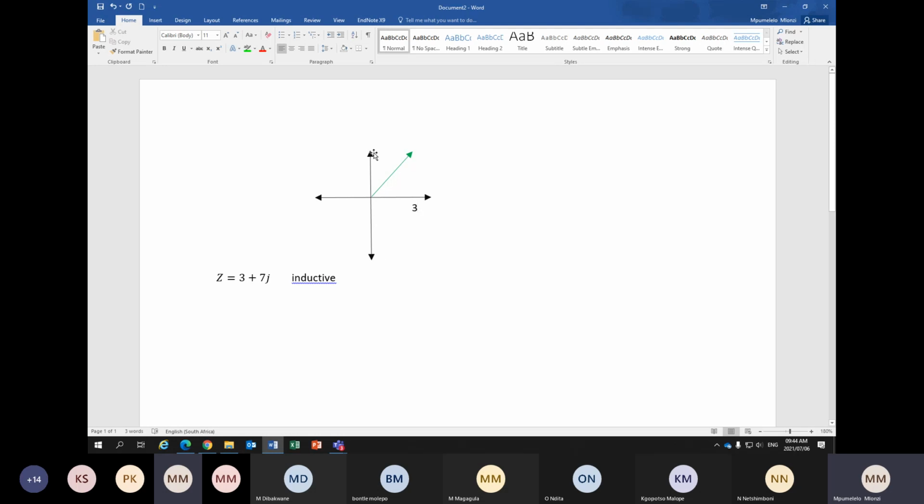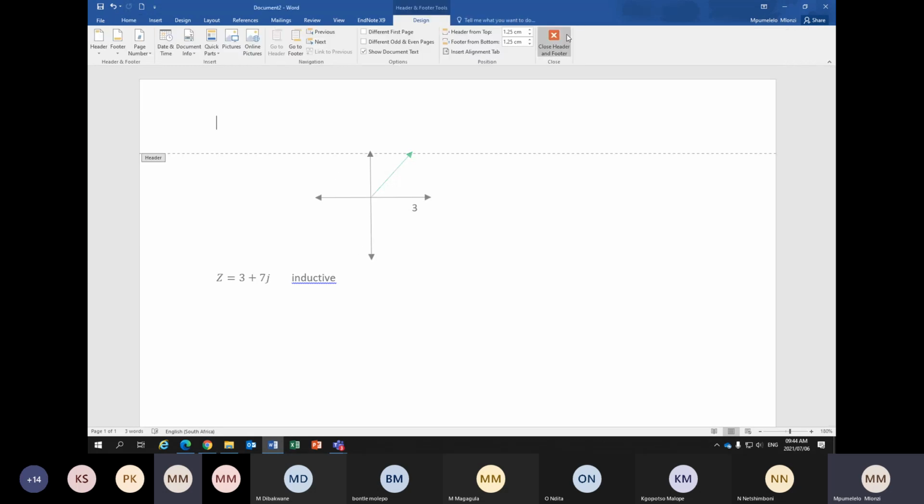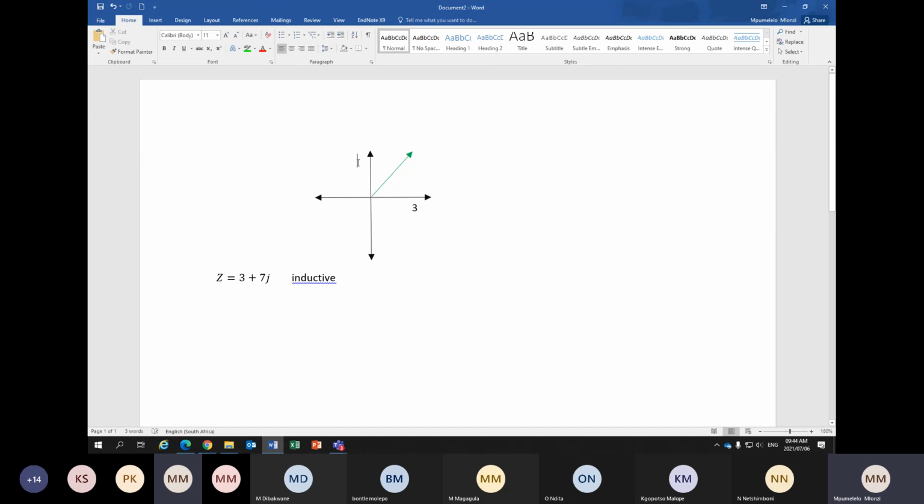On the y-axis, which we refer to as the imaginary axis, this is where we find our imaginary part, where in this case you have 7 because it's on the positive side.